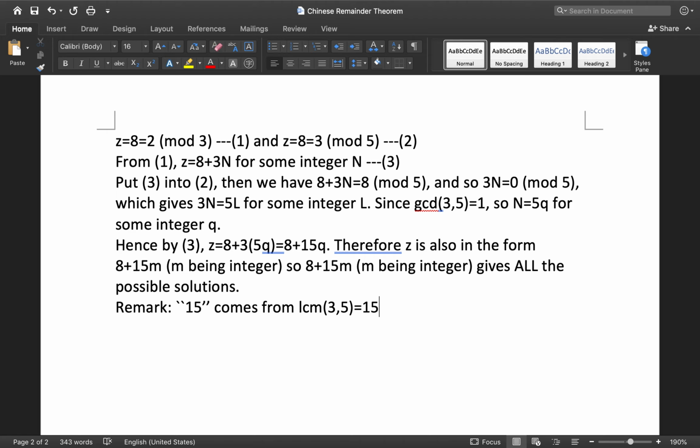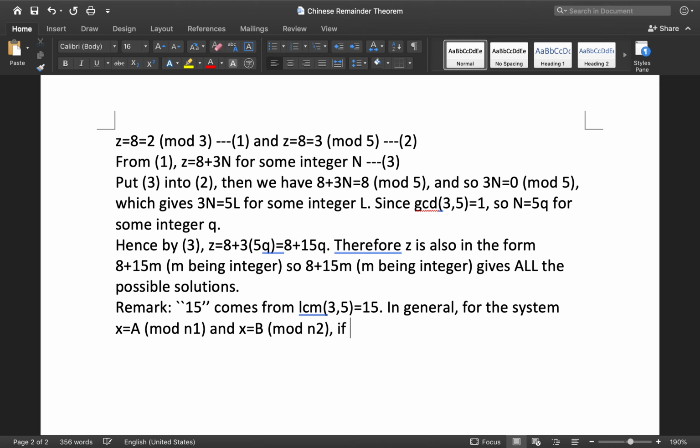So in general, of course, if we are solving some other problem, you have to understand what's going on. In general, for the system, for example, you have x congruent to A modulo n1, and x congruent to B modulo n2. So in an abstract form, of course A, B, n1, n2 are integers.